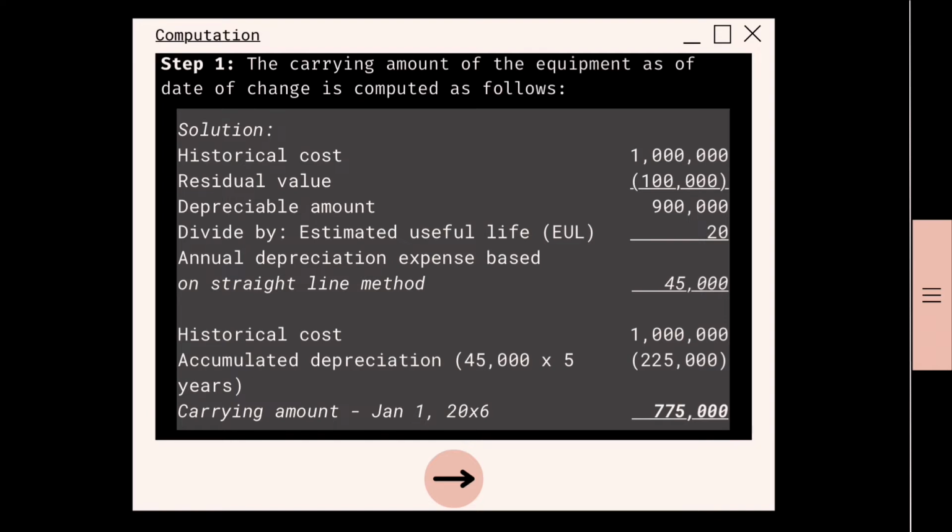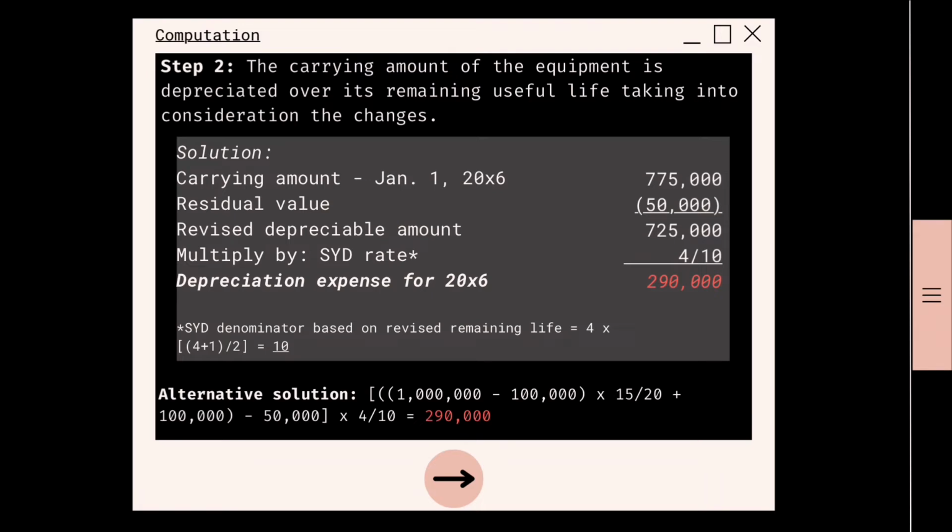So that will be 1 million minus 225,000, which is 45,000 times 5 years, and it equals 775,000 pesos.